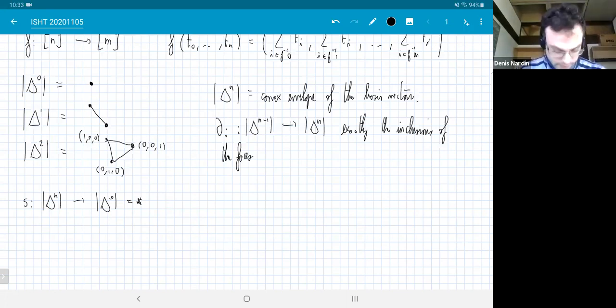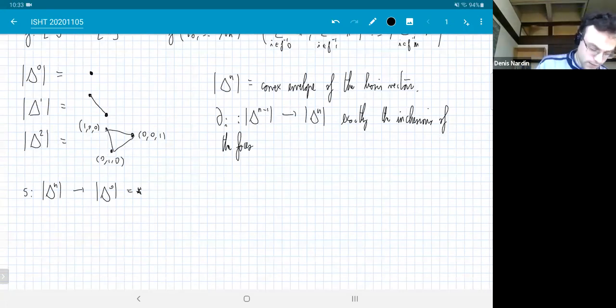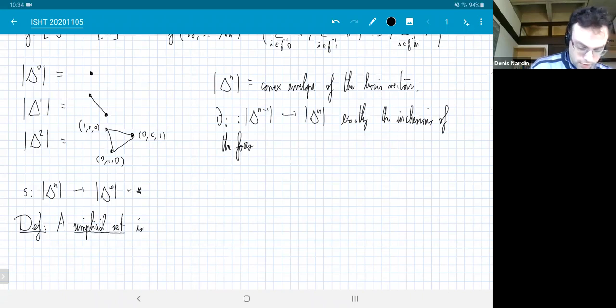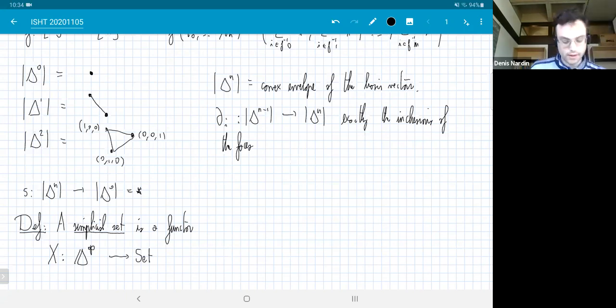Well, one second. It's time to give the first important definition. So a simplicial set is a functor X from Delta op, so it's contravariant, to sets.